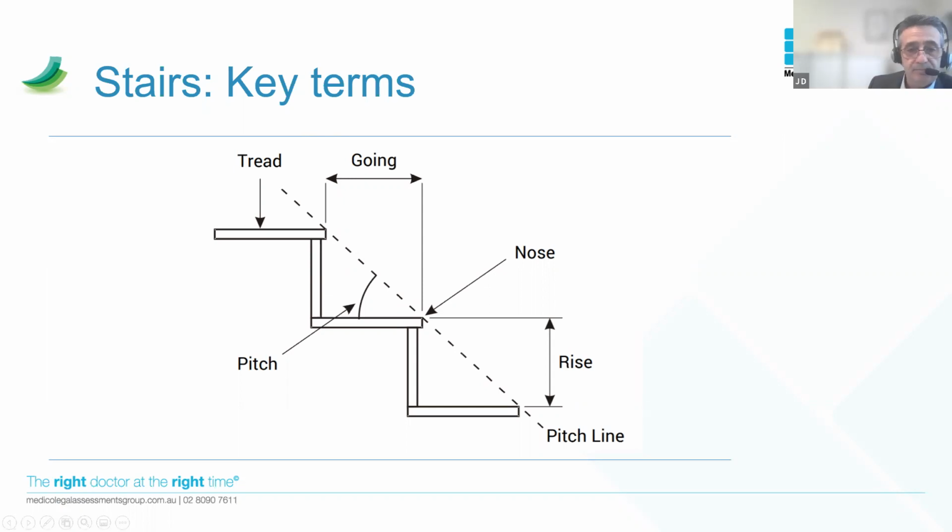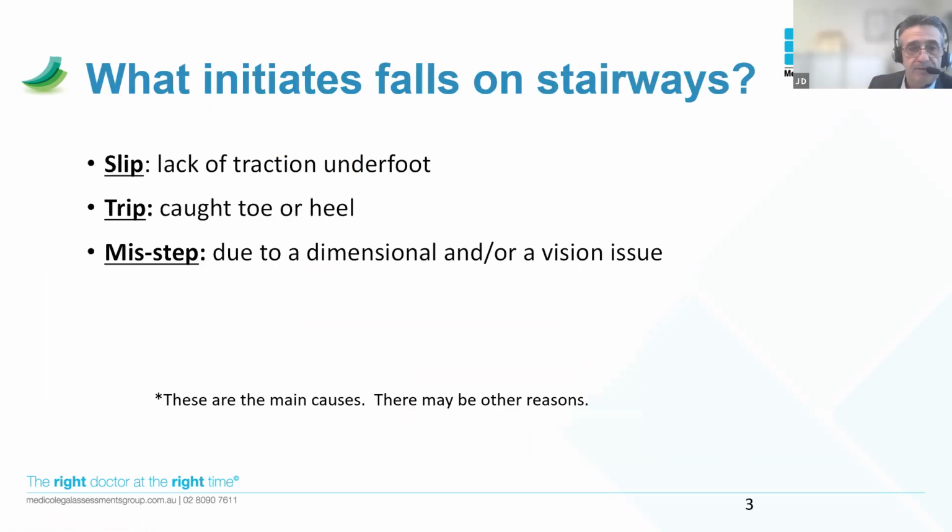Now, getting straight into it, what initiates falls on stairways? There are three main causes. One is a slip, which is when there's a lack of traction underfoot, either during ascent or descent. Then you have a trip, where the heel or the toe gets caught on the step, again during ascent or descent.